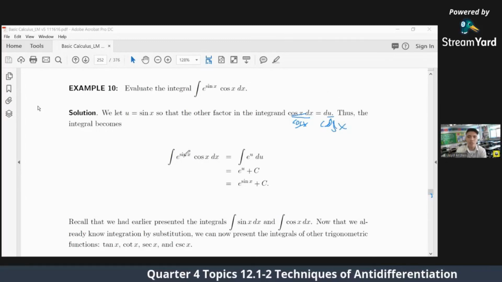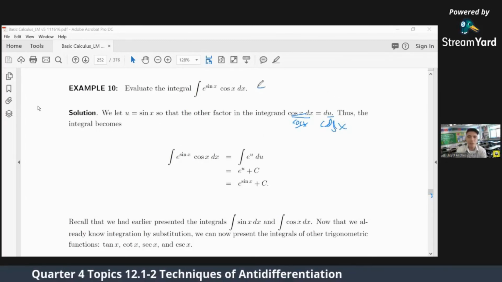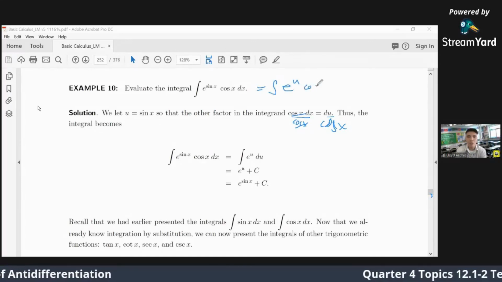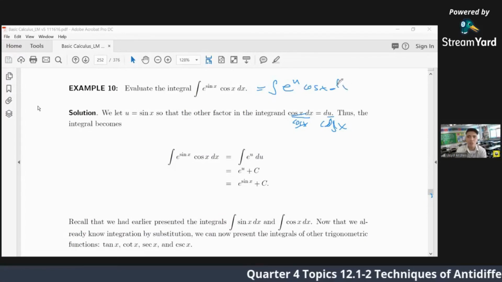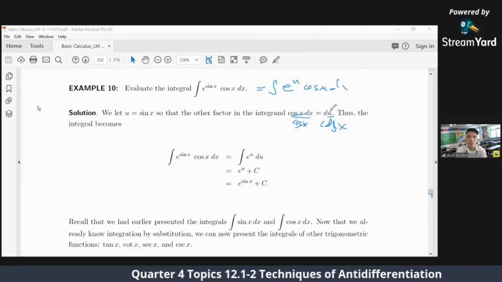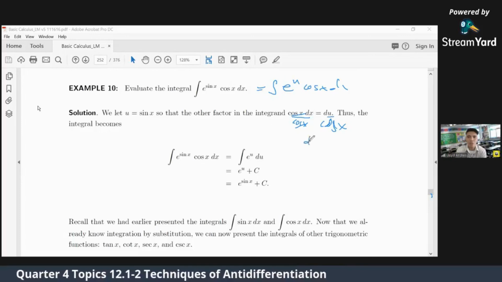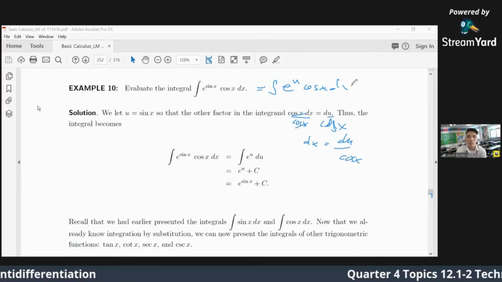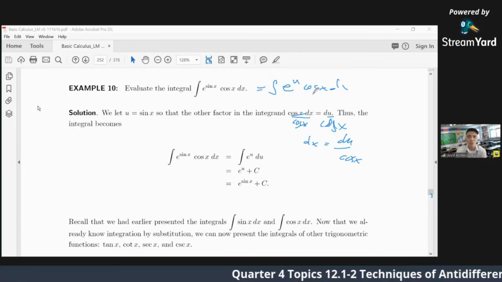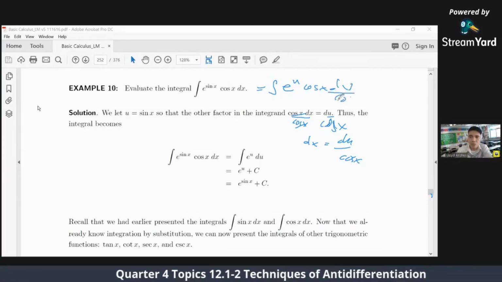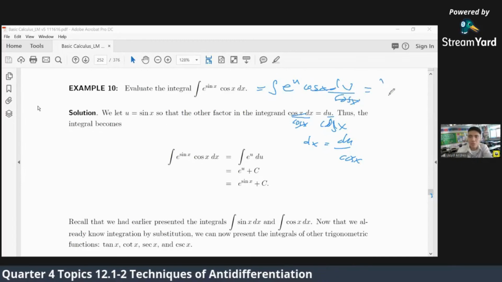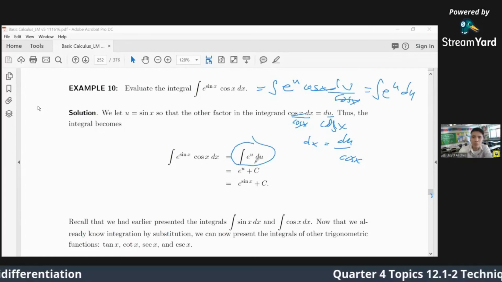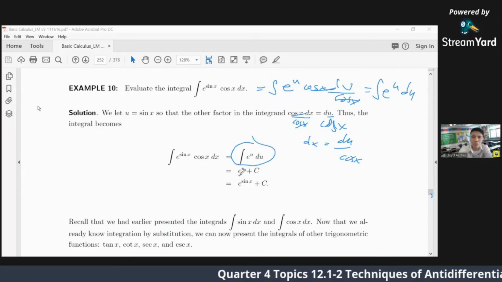So ang given can be written now as integral of e raised to u, copy si cosine x, pero si dx mahimo na siya du over cosine x. Cancel ra. So, nahimo siyang integral of e raised to u du. And then, ang integral ni e raised to u is e raised to u plus c.